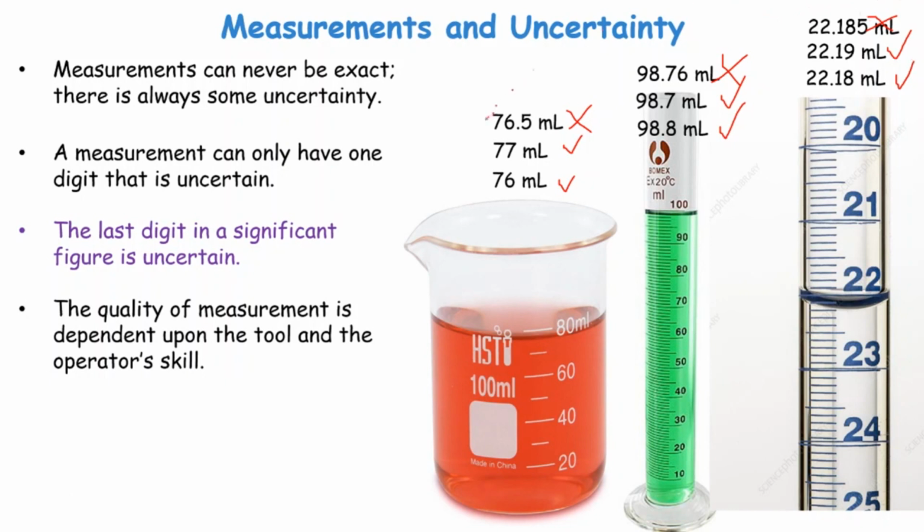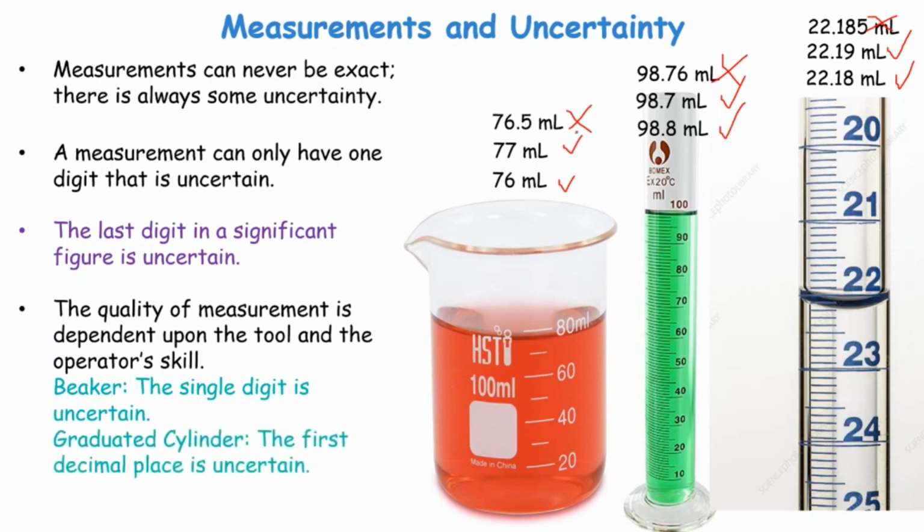Therefore, you can see the quality of measurement is dependent upon the tool and the operator's skill. For the beaker in this case, the single digit is uncertain, so there's no need to record after the single digit. For the graduated cylinder, the first decimal place is uncertain, so the second decimal place, no need to record.